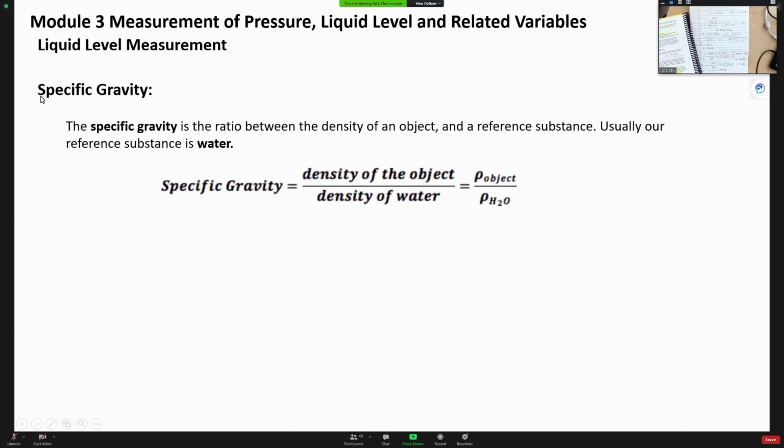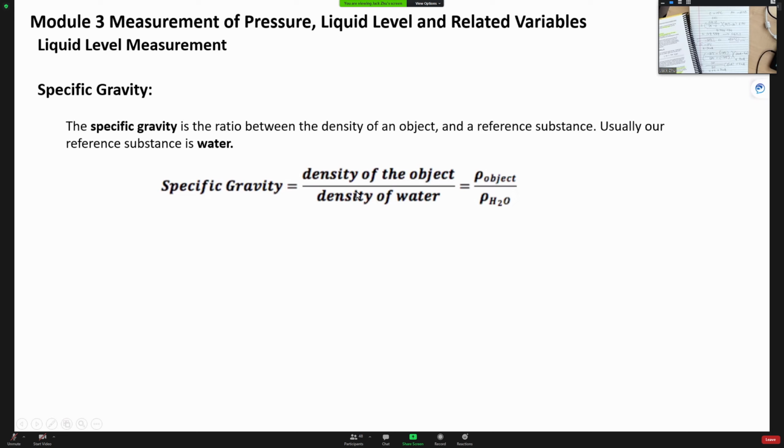Lots of times in industry, or even later on, we talk about a term called specific gravity. It's a ratio between any type of liquid, or even a gas, compared to a standard.